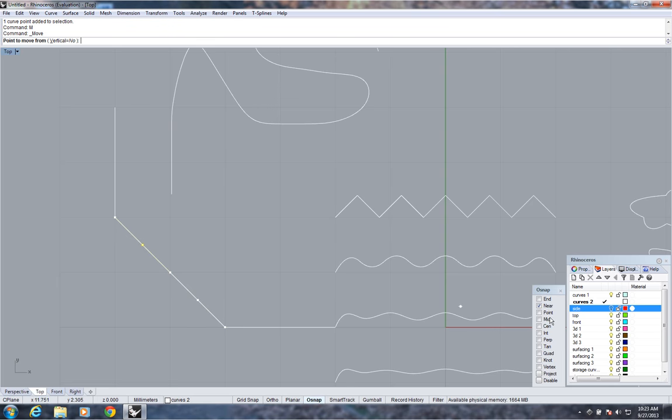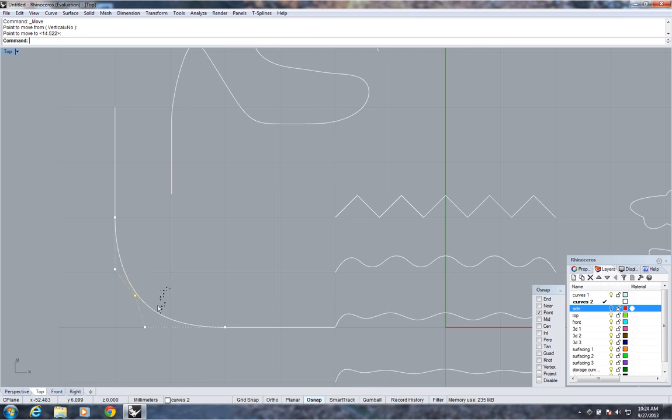I grab this point, snap it to the end, ortho, move it straight down. Take this point, snap it to the first point, use ortho, move it straight out. Doesn't really matter what I do with this, but if I want to have a nice smooth arc, I can do that.